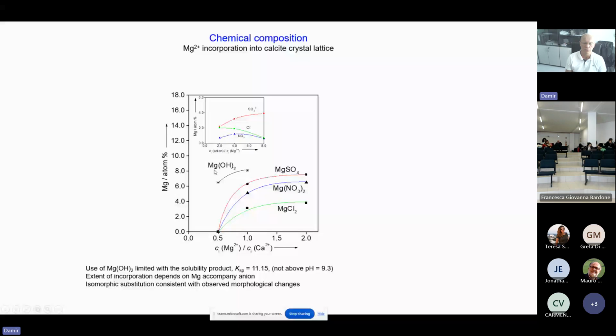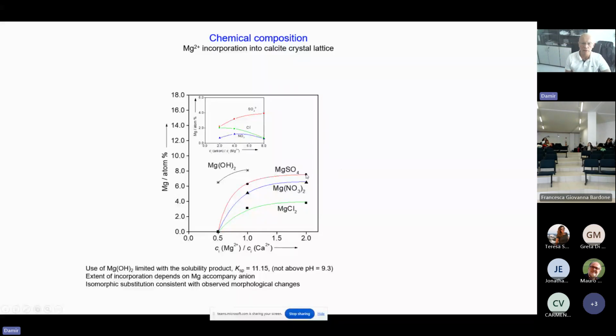Actually, magnesium hydroxide was not applied for the whole range because a high concentration of magnesium hydroxide can cause the formation of co-precipitate that is not wanted. We will not have only calcium carbonate, we also have a mixture of salt.